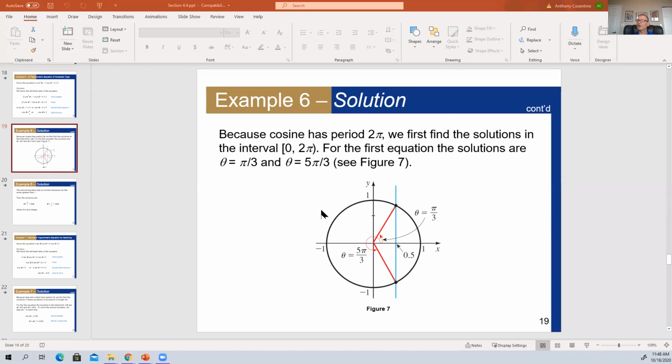And then every time you go around, when you go counterclockwise, that's positive, and so n would be +1, +2, +3. And when n goes negative, that would be clockwise. So you would go around clockwise for n equals -1, -2, -3, etc.